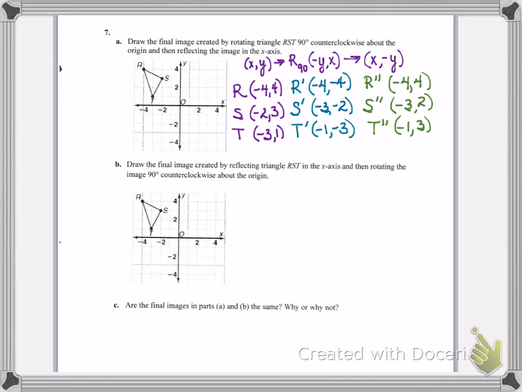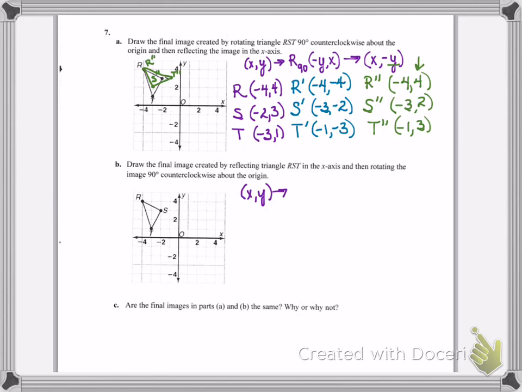So check with my ordered pairs. The one thing that's happening here is the new x stays put, but the new y is the opposite. So all of these y values became positive. Now you're going to plot those on the graph. So there's my graph there. You'll notice that r came back to its original ordered pair.